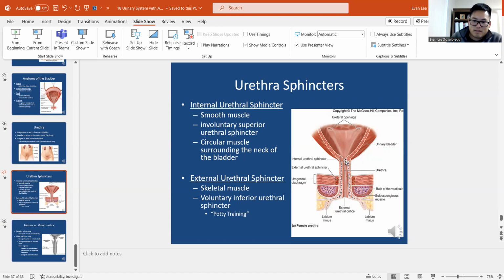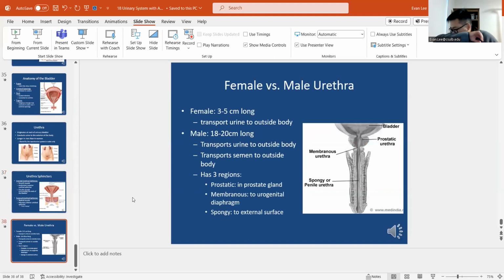So the internal and external urethral sphincters both help with holding urine, but the internal one is involuntarily controlled, while the external one, the one that you can control, allows you to hold it.